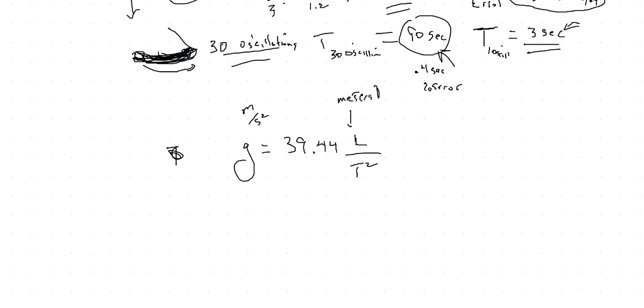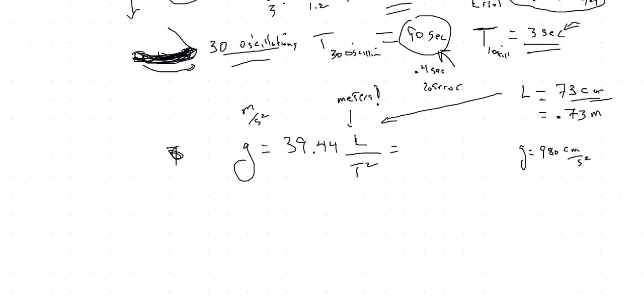If you measure the length to be 73 centimeters, don't put 73 in there. That's wrong. You have to make this 0.73 meters. If you keep it in centimeters, then your answer G will be in centimeters per second squared, and the answer should be 980 centimeters per second squared. Otherwise, if we use meters, it should be 9.8 meters per second squared.